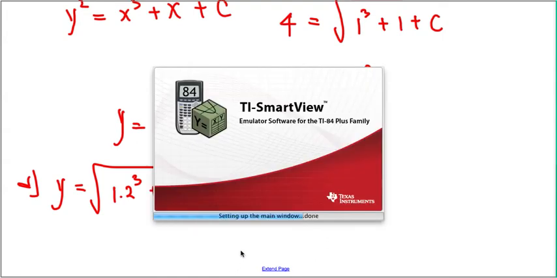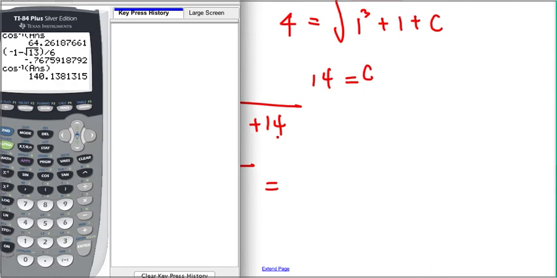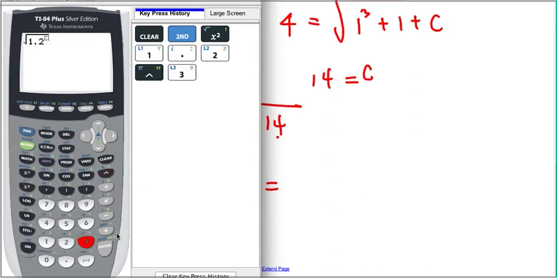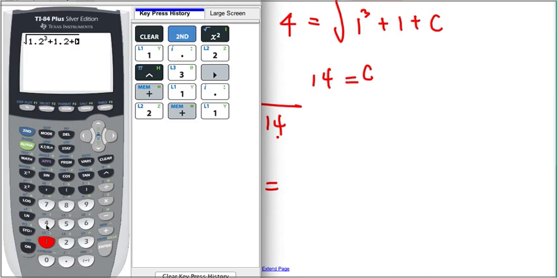Taking out the calculator right now, just be patient with us. So the square root of 1.2 to the third power plus 1.2 plus 14.